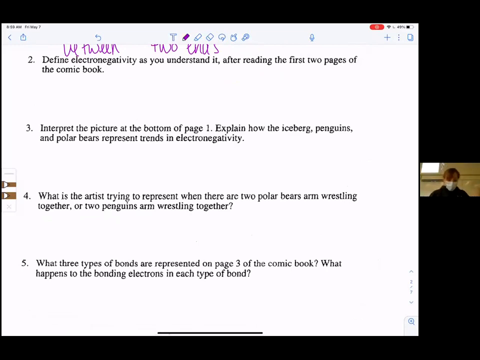Okay, so electronegativity as we understand it after reading the first couple of pages of the comic book. Anybody have thoughts? What did we just talk about?